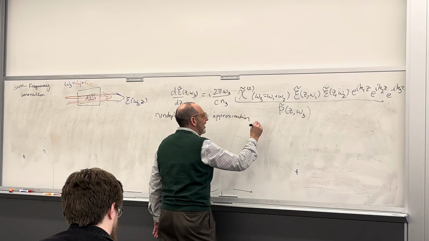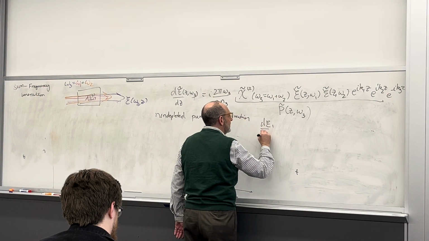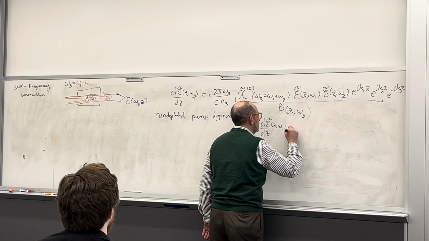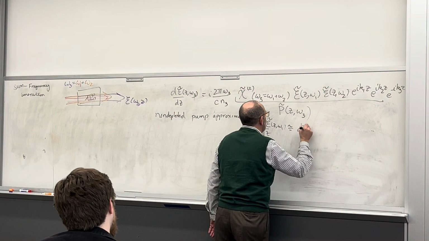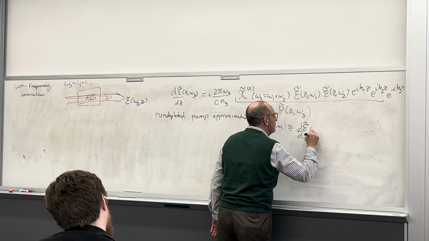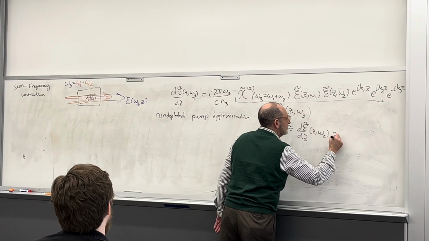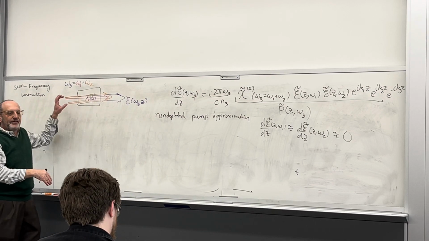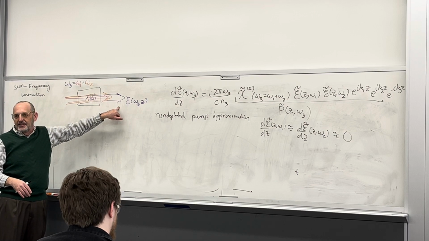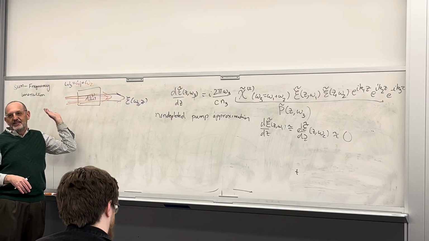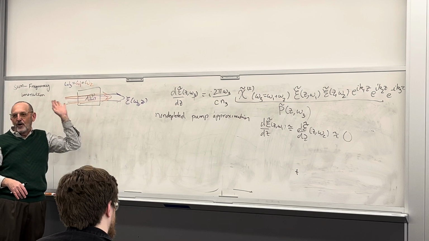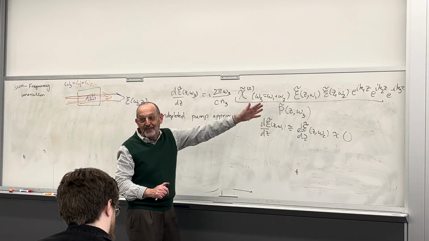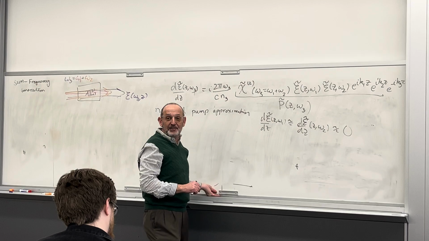So to the degree that we say that these are approximately both constant, that's to say, we're not depleting the light in these modes, because what's transferred to this frequency is so small that I can just keep the intensity of the red and orange light constant over the propagation distance. Then I can solve this equation, and it's a good approximation, okay?